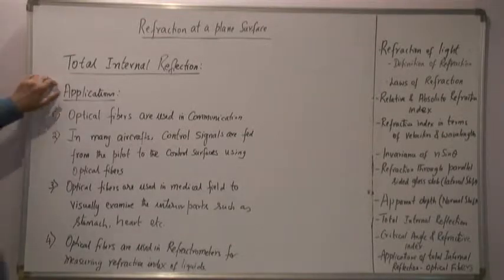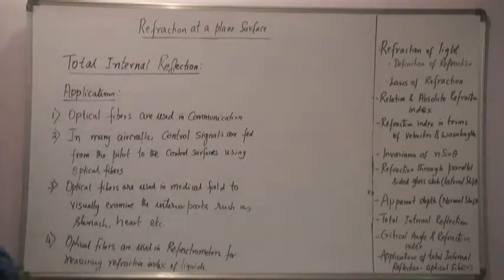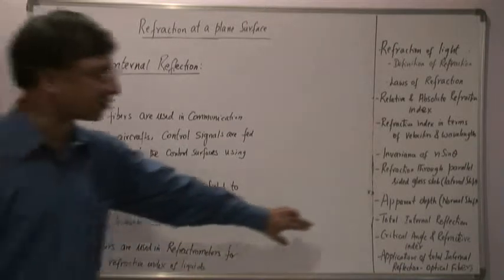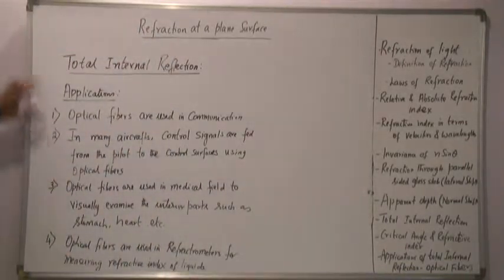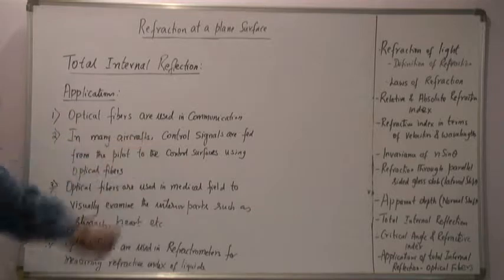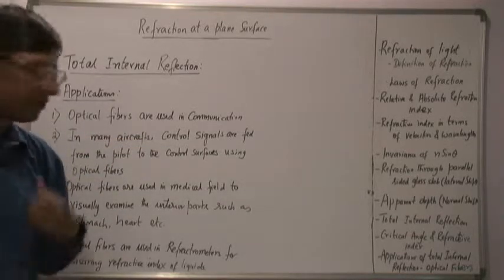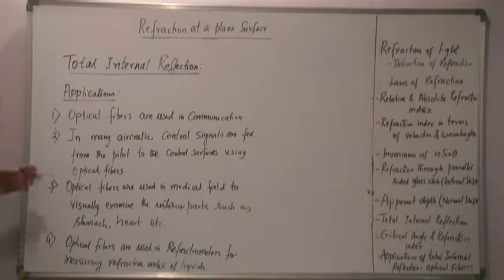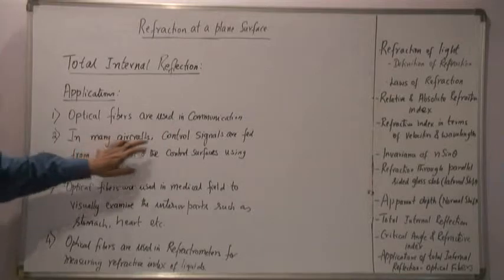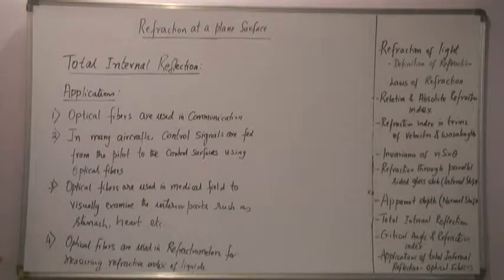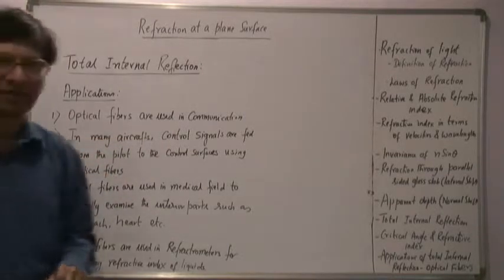Listed here are some of the applications of optical fibers and therefore the concept of total internal reflection. The first one is that optical fibers are used in communication. They are replacing thick copper cables for transmitting information. Then in many aircraft, control signals are fed from the pilot to the control surfaces using optical fibers.